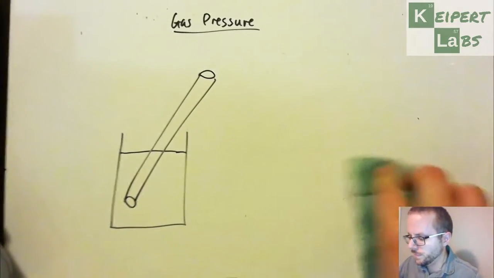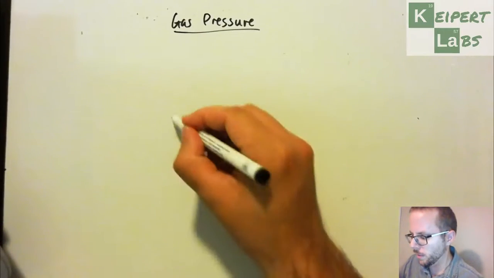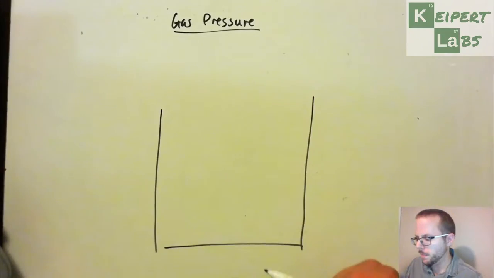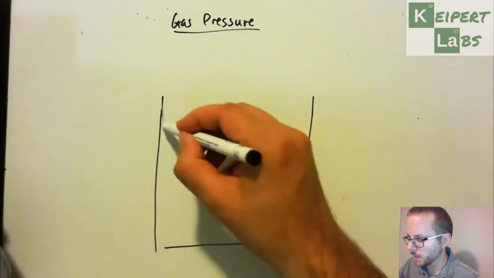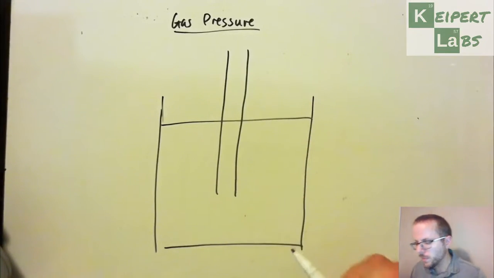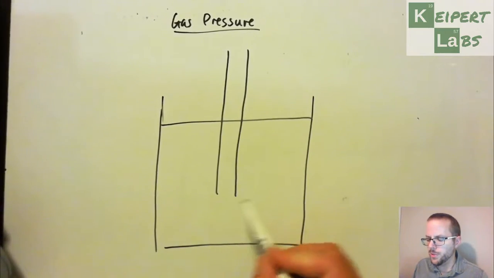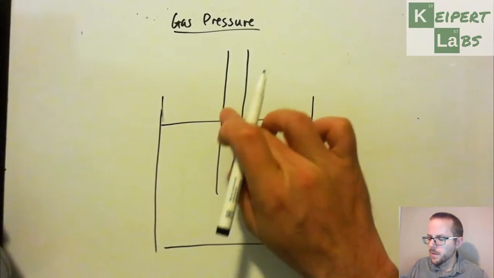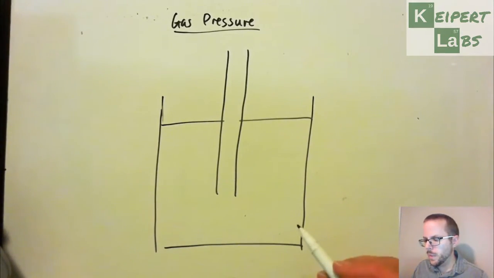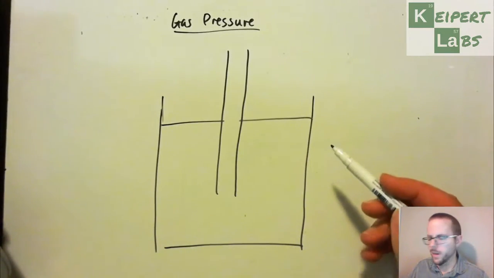Let me see if I can redraw this a little bit larger to help visualize what's going on here. So let's imagine our cup here, nice and big. We've got a solution here, and then this is our straw. Now, we tend to think about sucking something up through a straw in light of the fact that there's liquid in here. But the reality is that the rest of the room is actually what makes the straw work.